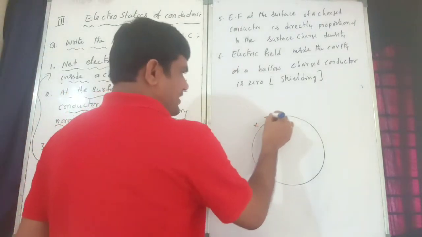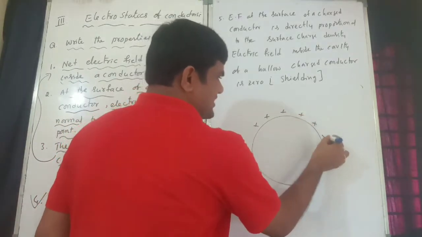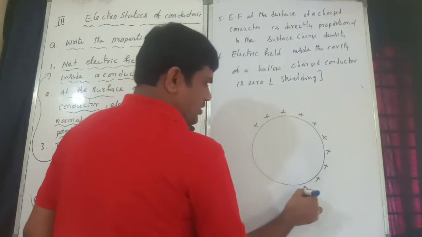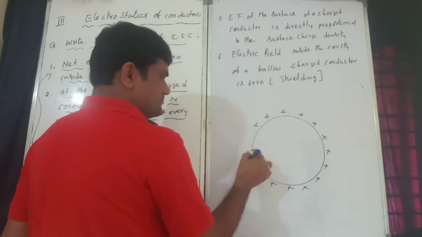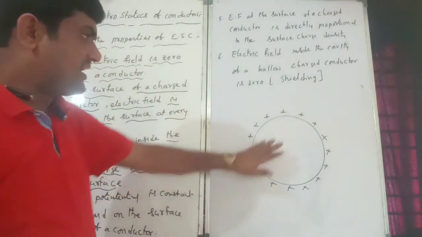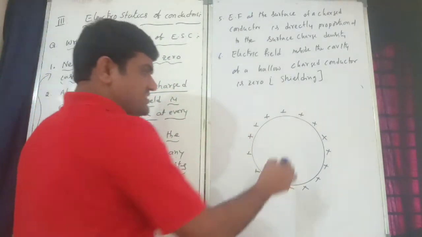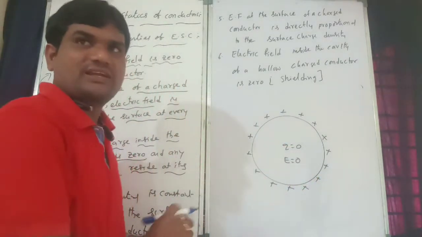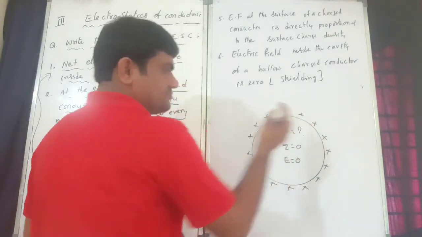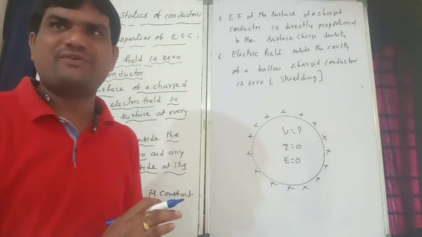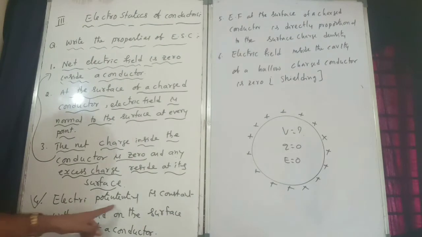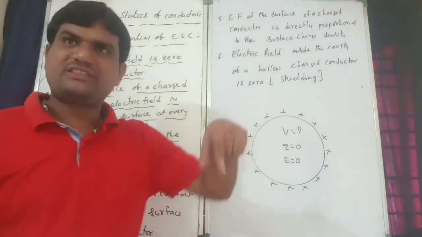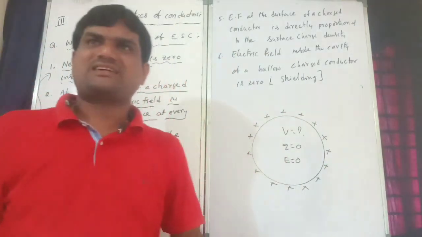On the surface, positive charge can exist. Inside, charge is equal to how much? Inside Q is equal to 0, therefore E is equal to 0. Then what is the V value? Electric potential is constant within and on the surface of a conductor.